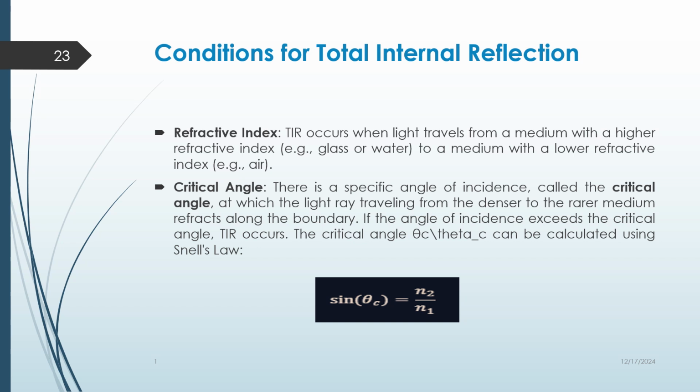If the angle of incidence exceeds the critical angle, total internal reflection will occur. The critical angle theta c can be calculated using Snell's law: sin theta c equals n2 by n1, where n2 and n1 are the refractive indexes of the cladding and core.